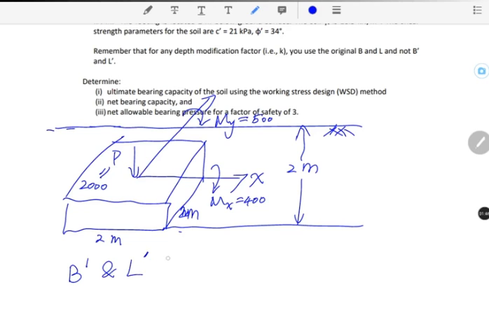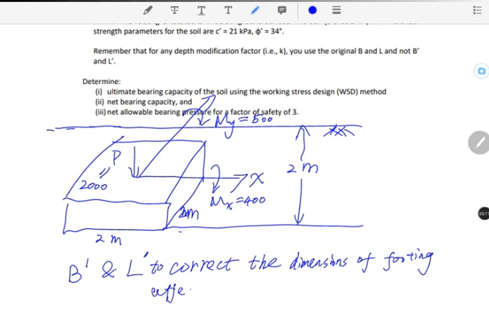B prime and L prime are introduced to correct the dimension of the footing affected by bending moment.